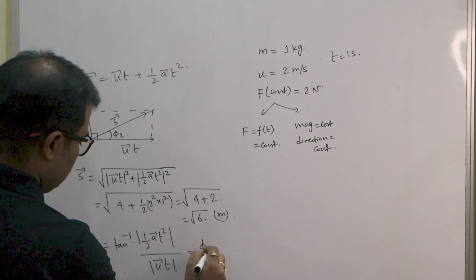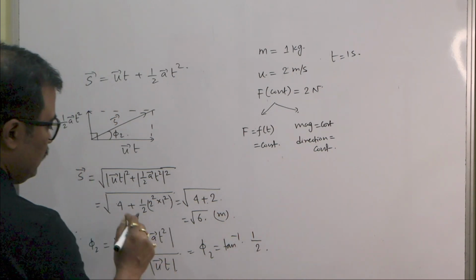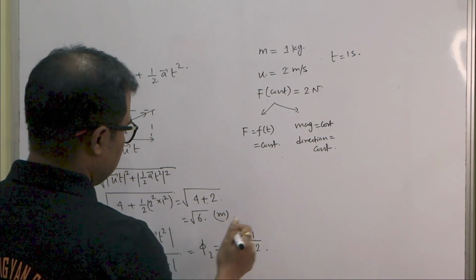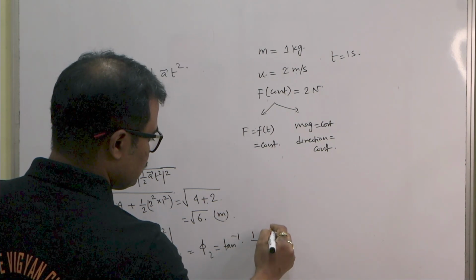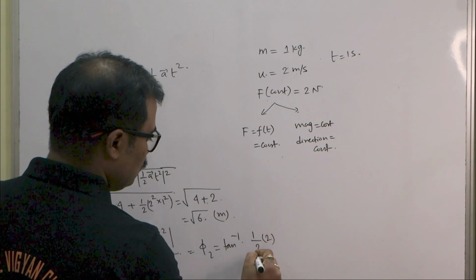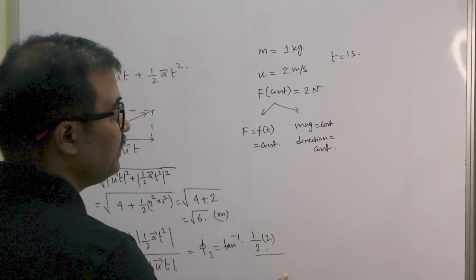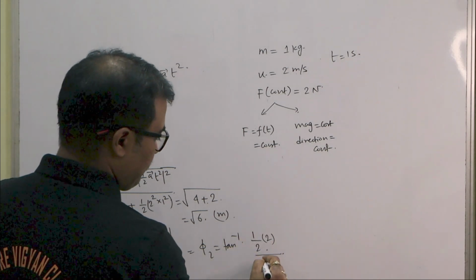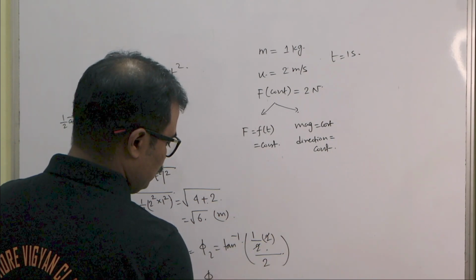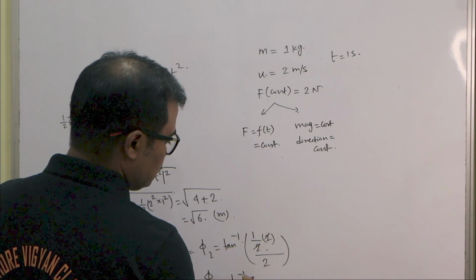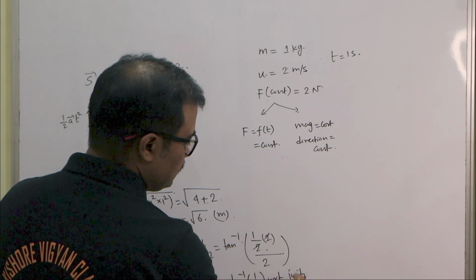It is tan inverse of half into a, which is 2 into 1 square, that means 1, so half into 2 is 1, by ut, where u is 2 meter per second, so 2. So phi 2 is tan inverse half with respect to the initial velocity.